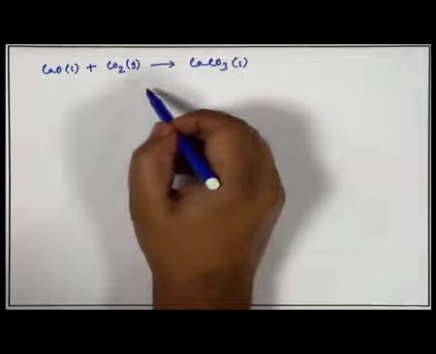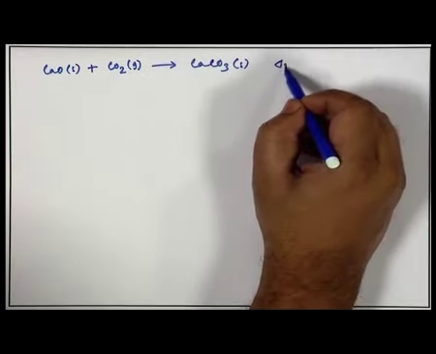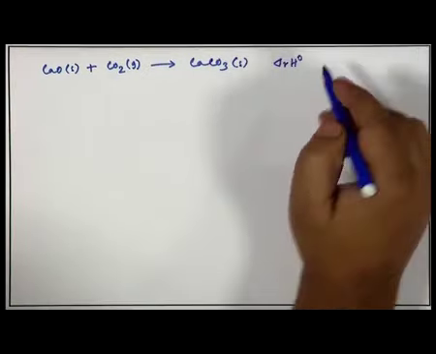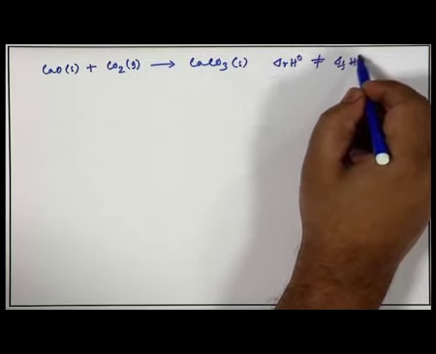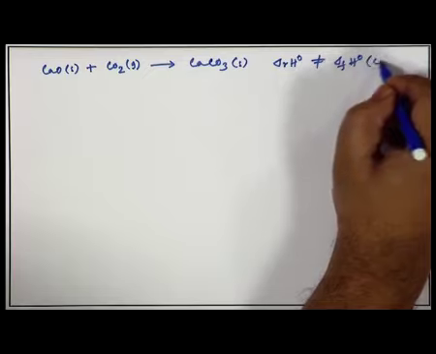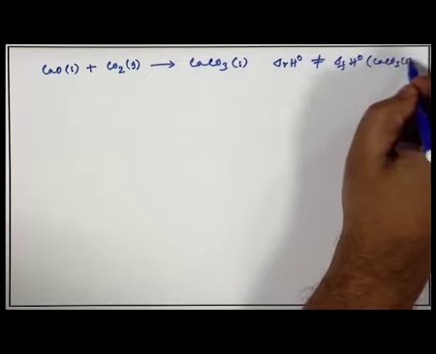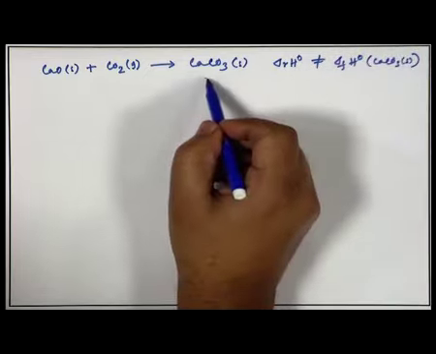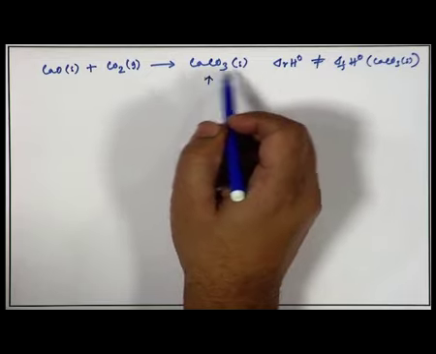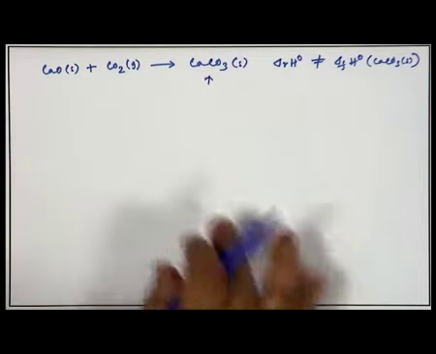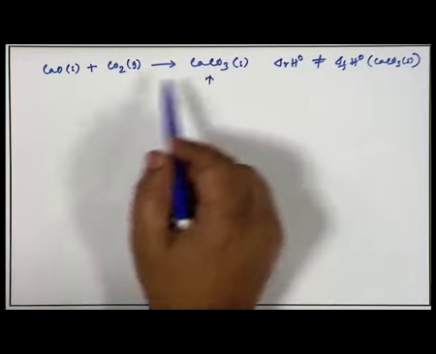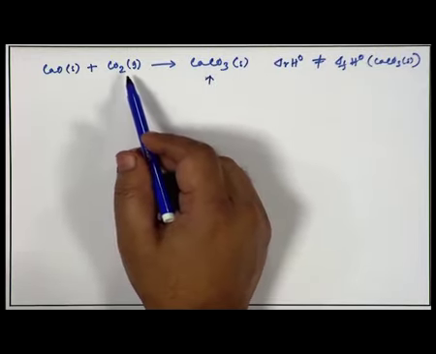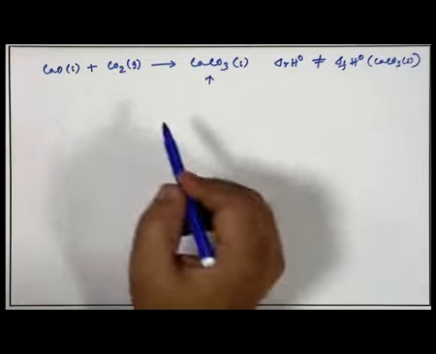But in this case the reaction enthalpy for this reaction is not equal to the formation of CaCO3 solid, because in this case calcium carbonate solid is not formed from the constituent elements. So, remember, for heat of formation it has to come from the elements.